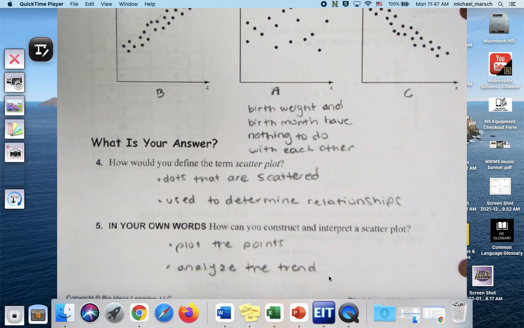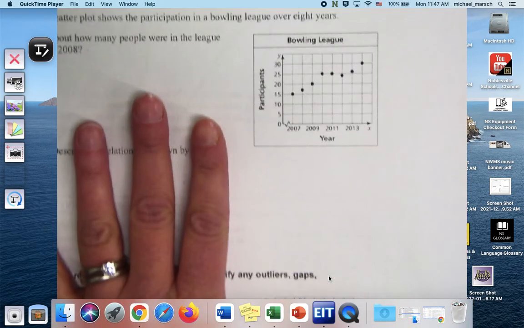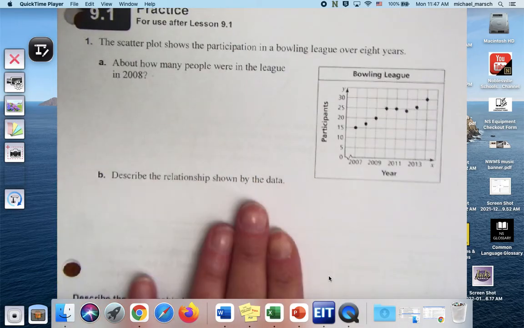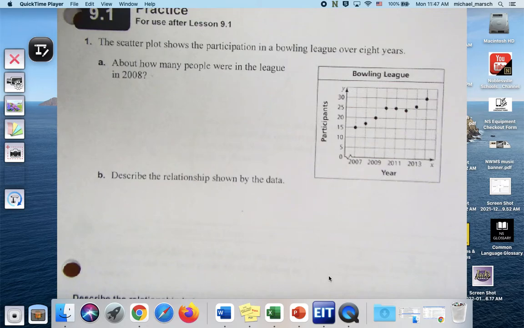Okay, next page. I want you guys to answer A and B here based on the bowling league and the number of participants in said bowling league.